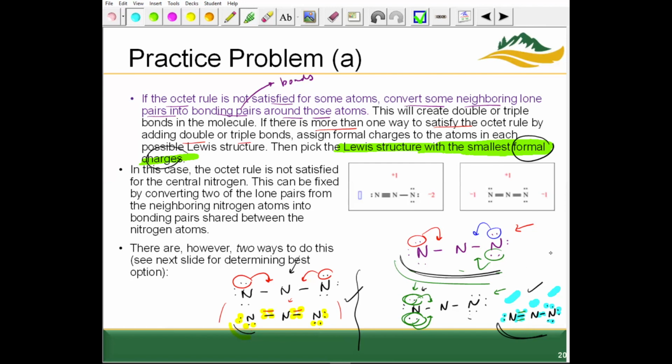So these both satisfy the octet rule, so therefore they are both viable options. If one of them did not satisfy the octet rule, that's probably not the best option.